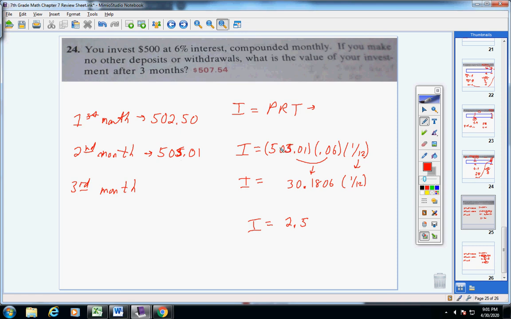Okay, so now let's take 505.01 times 0.06 and you get 30.306. And now multiply that times 1/12 and you get 2.52505.